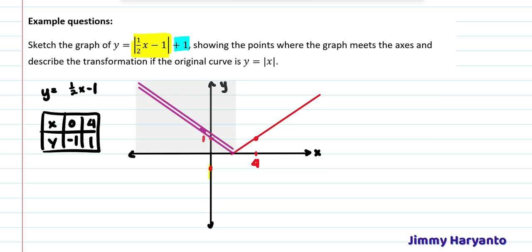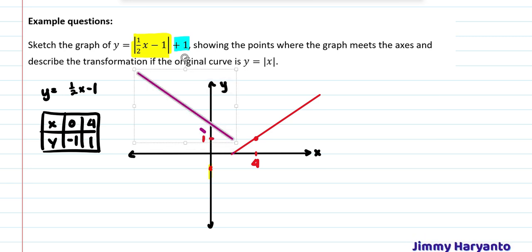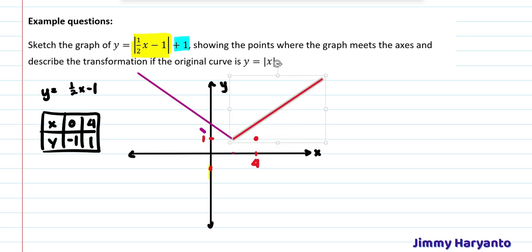So I will move this 1 unit up like that. There you go. Okay, and then that's it. This is the graph of this one. So that is how you sketch the graph of a modulus function.